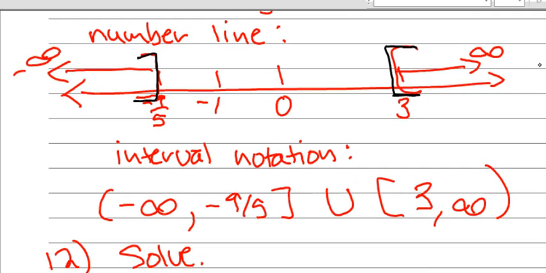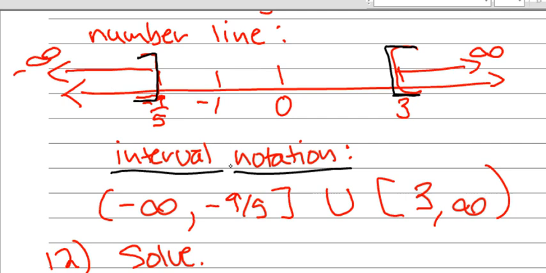And now I want to write my answer in interval notation. So I'm just going to take the graph and put it in interval notation. So I'm going from small to big. I'm starting with negative infinity, which has a parenthesis, comma. I'm going to negative 9/5.